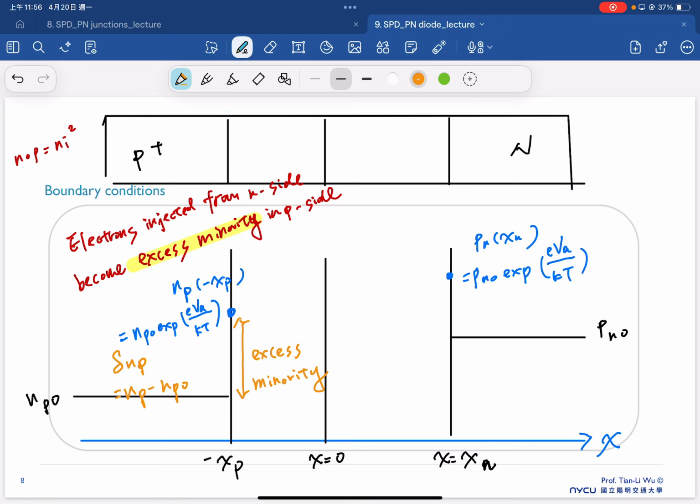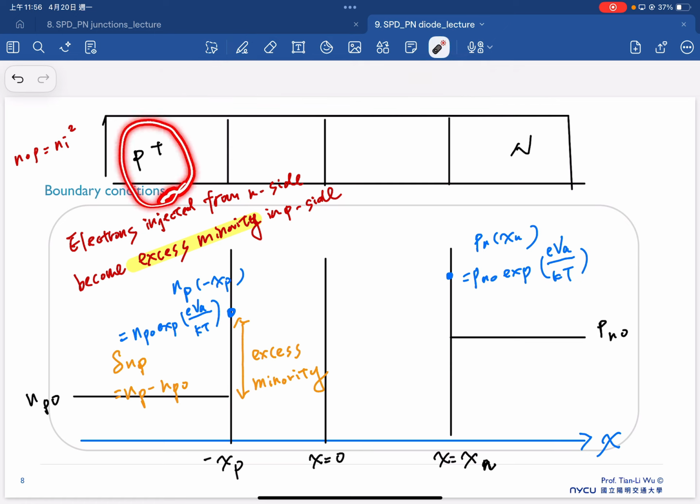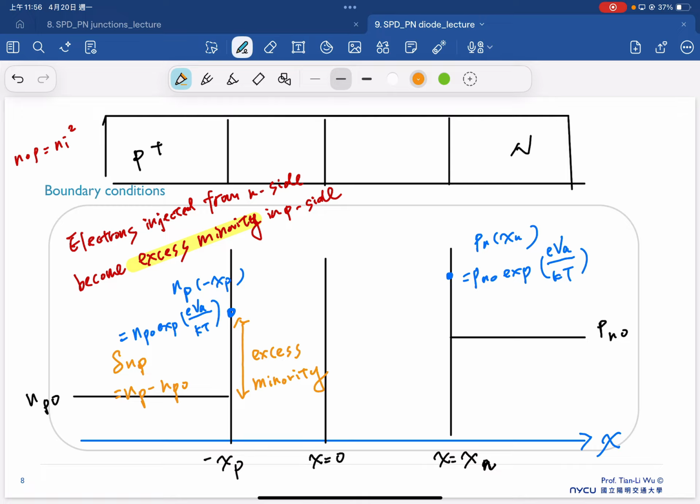So similarly, we have the holes here. Because the barrier is reduced, the holes finally are able to move to the right. And once they reach the N side, the holes become the minority. And this hole is an additional hole, therefore this is an excess minority, right?